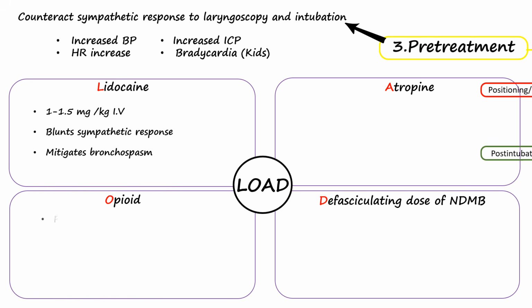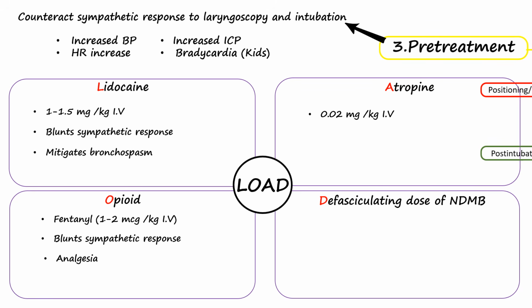Opioids like fentanyl serve dual purposes. They attenuate the hemodynamic stress response to intubation, reducing tachycardia and hypertension, while also providing essential analgesia. Atropine plays a particularly vital role in pediatric patients, where it prophylactically counters the profound vagally mediated bradycardia that commonly occurs during airway manipulation.